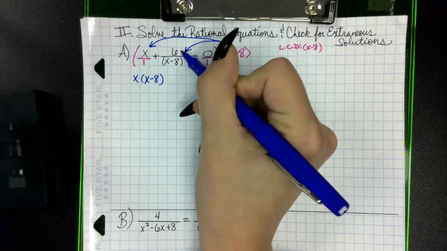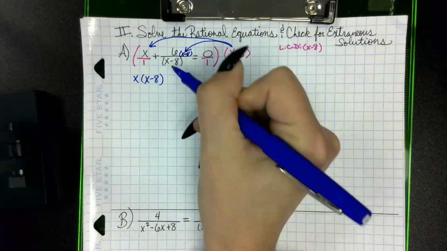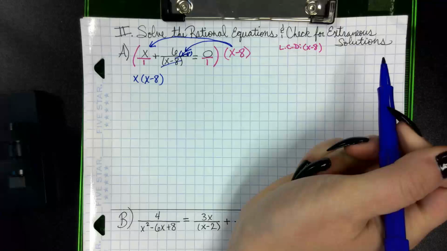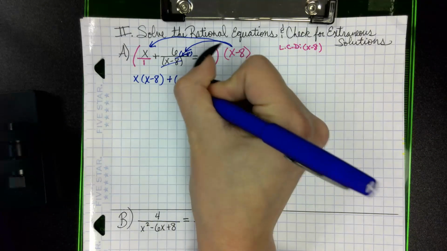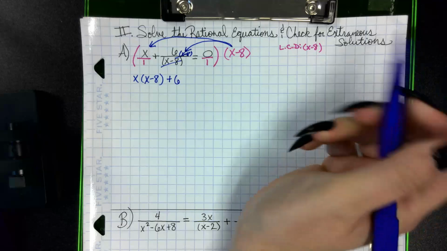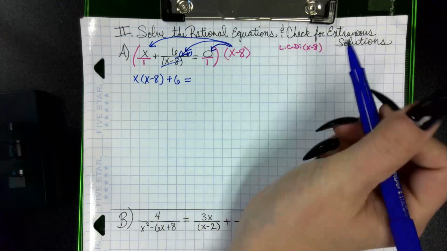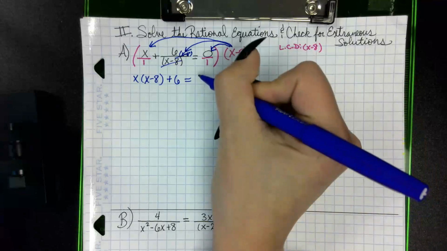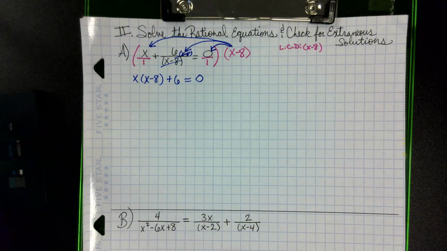Because I multiplied it in the numerator, the denominator and the numerator will cancel, and all that's there is the 6. So this is going to be plus 6, equals, multiply it times the last piece. It's a 0. Anything times 0 is 0. So there I have eliminated the denominators.